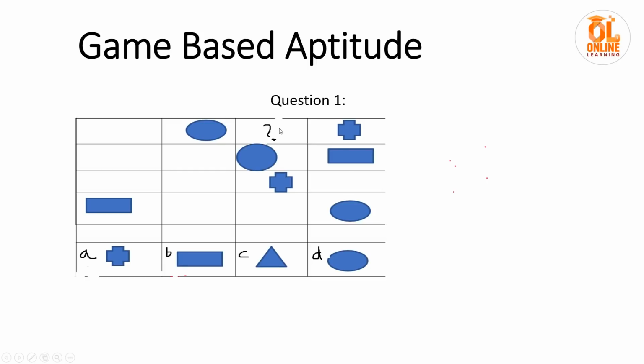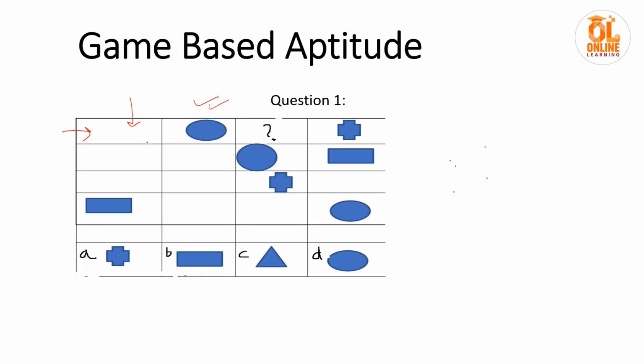So let us move to the first question. In this type of question, in each row and in each column, only a unique shape will be present. So to solve this type of question, first eliminate the shapes which cannot be your answer.